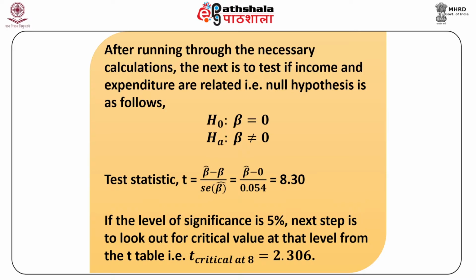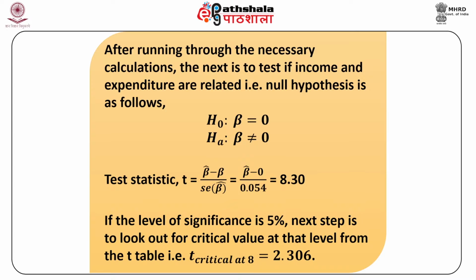If beta is equal to 0, then there will be no estimated relationship between income and expenditure. Our alternative hypothesis is beta is not equal to 0, and let me say in passing that this is a two-tailed test. So we have the test statistic t, which we have seen earlier is nothing but beta hat minus beta upon the standard error of beta hat.